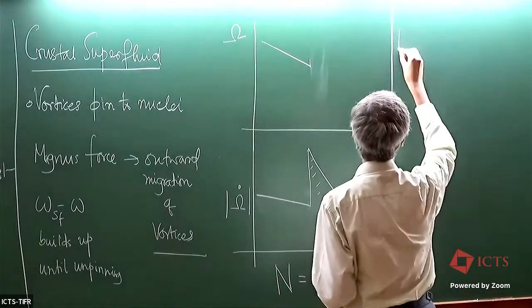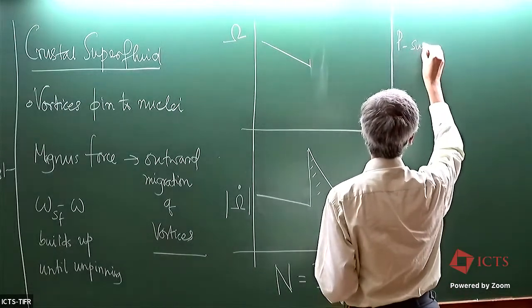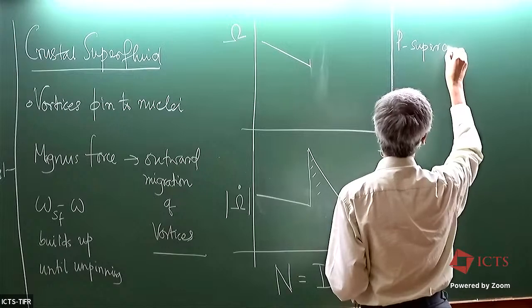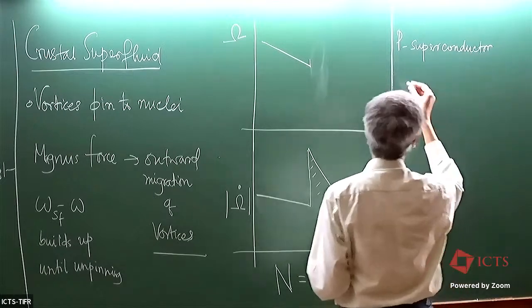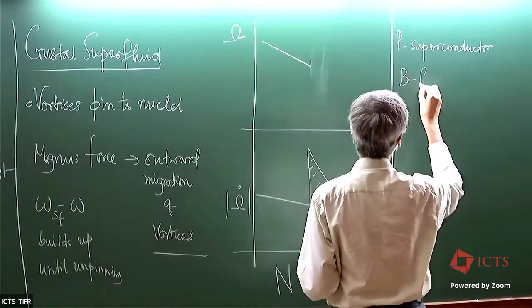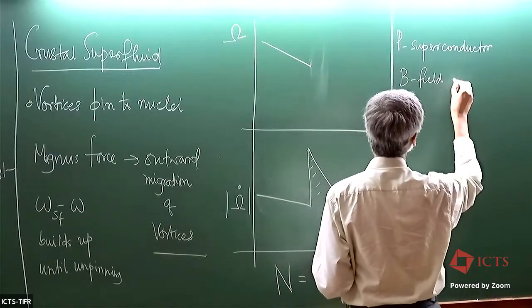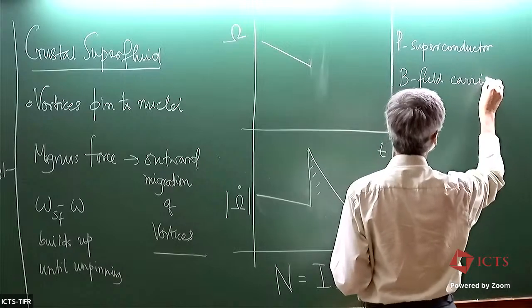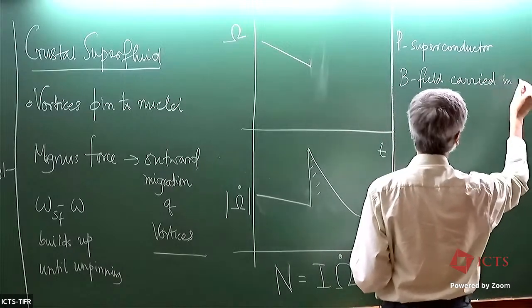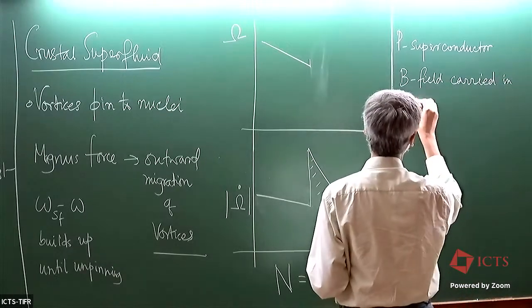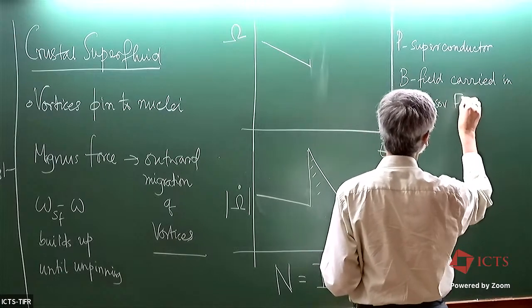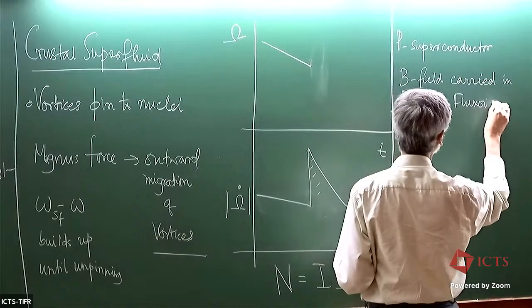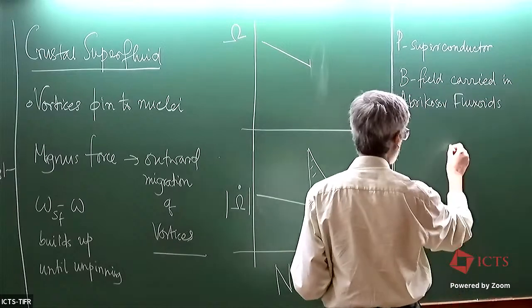So in a proton superconductor, the magnetic field is carried in Abrikosov fluxoids, which have a structure like this.